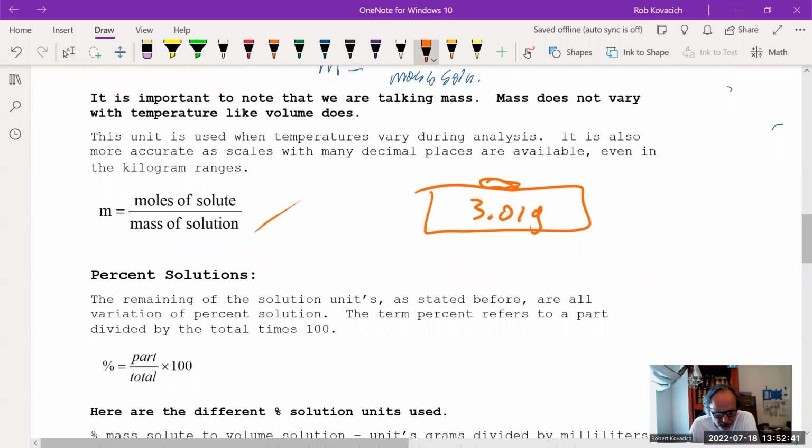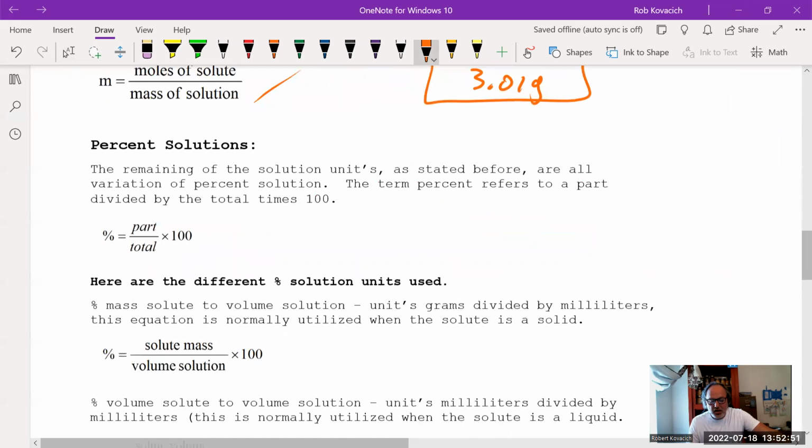Oh, here's the equation I was looking for. Okay, so those are less known to the general public, but percent solutions, you see those things all the time. So first, let's talk about what percentage is. If I'm talking about the percent you earned on a quiz or exam, I take whatever it was that I earned divided by what I could have earned, multiplied by 100, and I get whatever my percentage is.